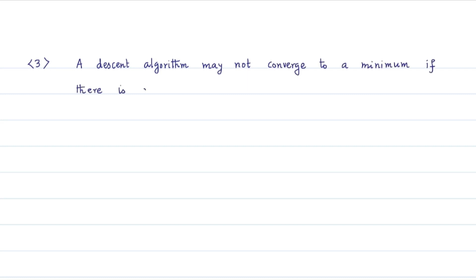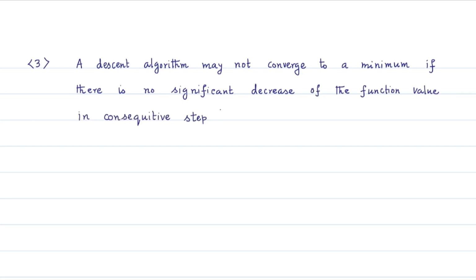The third point is that a descent algorithm may not converge to a minimum if there is no significant decrease of the function value across the consecutive steps, even if we take steps of substantial length.